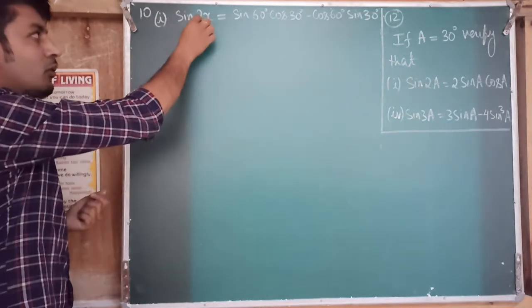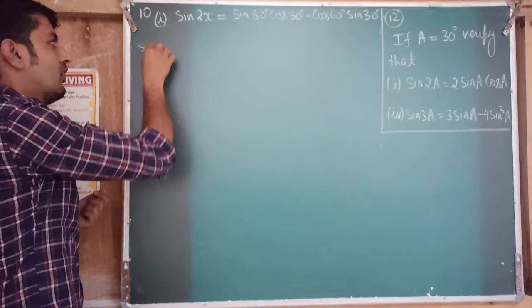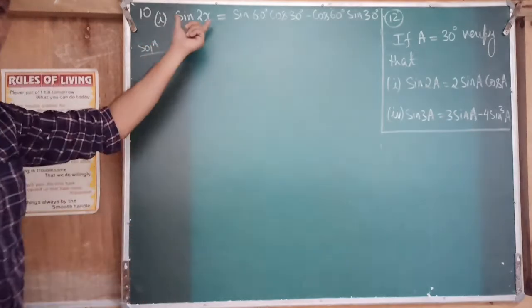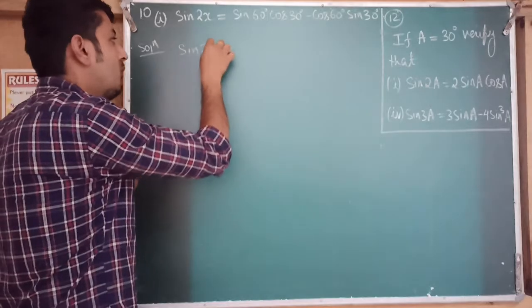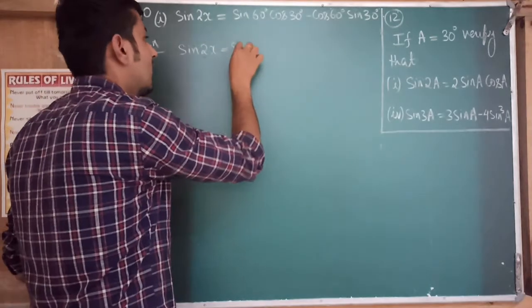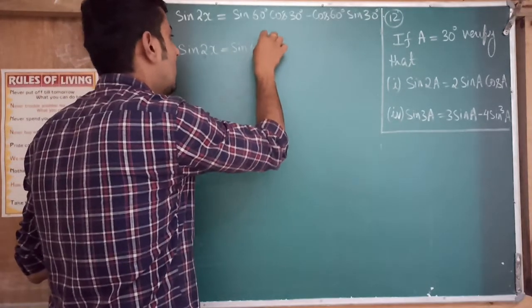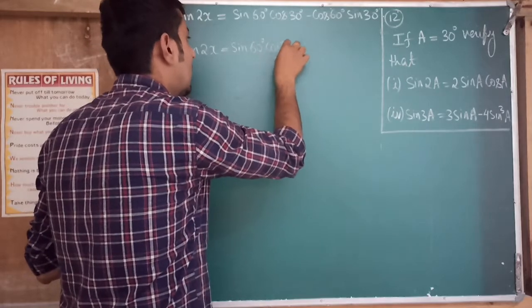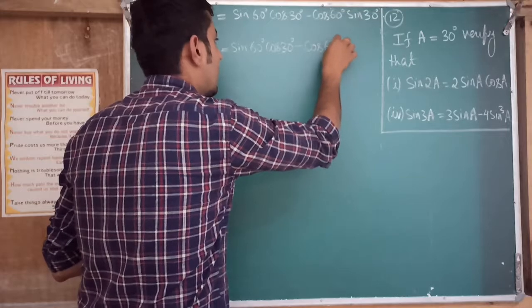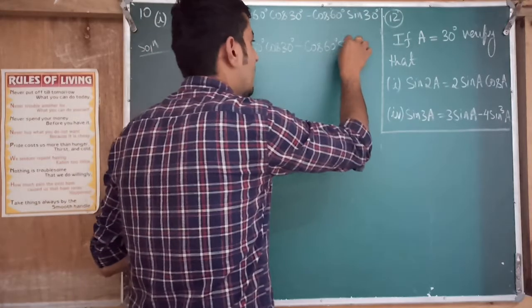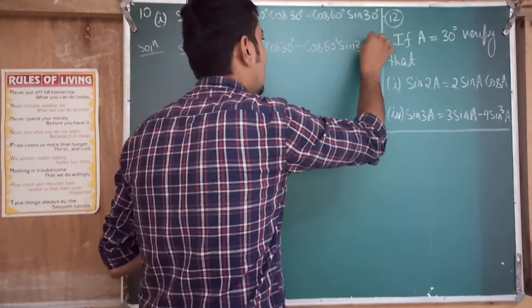So let me do the solution for this. Solution. Let's see what is given first. It is given that sin 2x is equal to how much? Sin 60 degree cos 30 degree minus cos 60 degree into sin 30 degree.